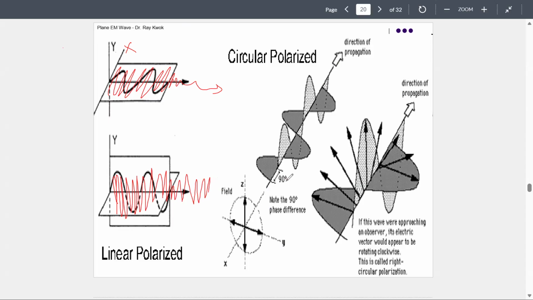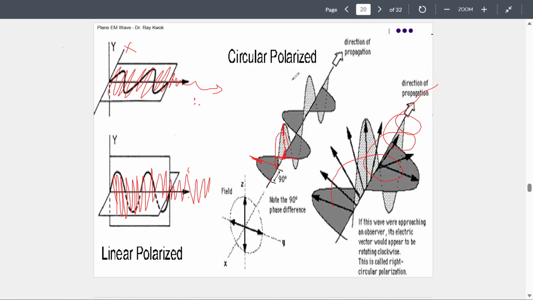But if these two are 90 degrees out of phase, when one is maximum, the other is minimum. When you add them together, the electric field rotates as it propagates outward.